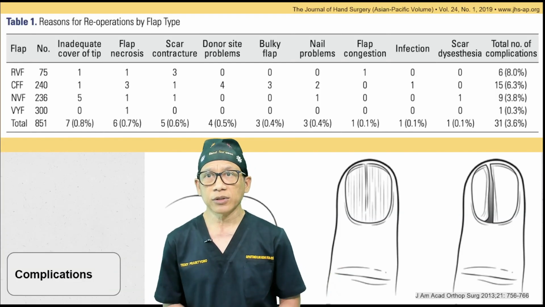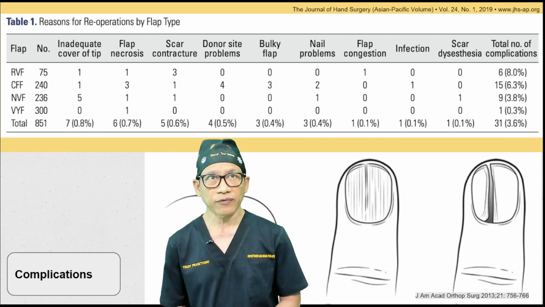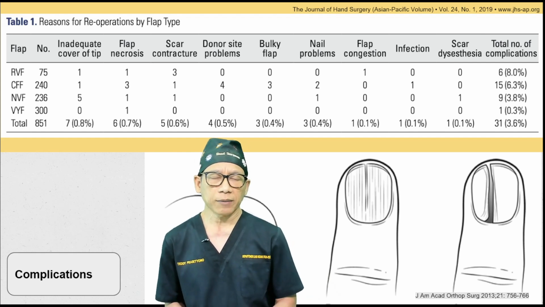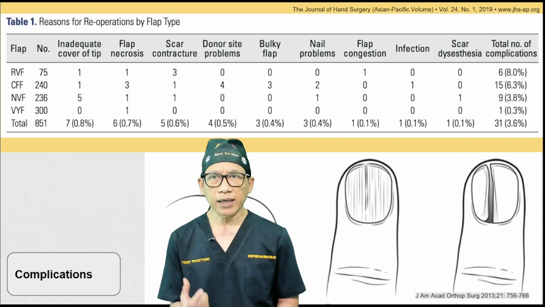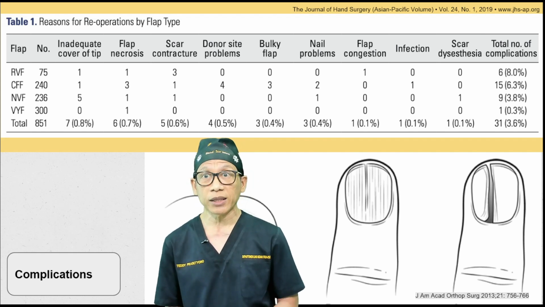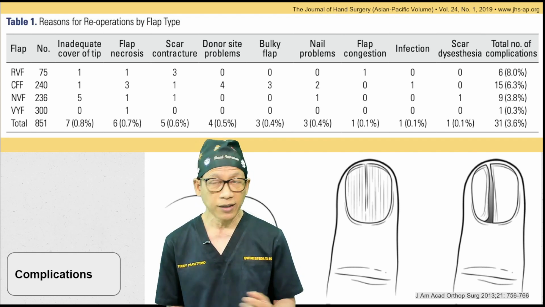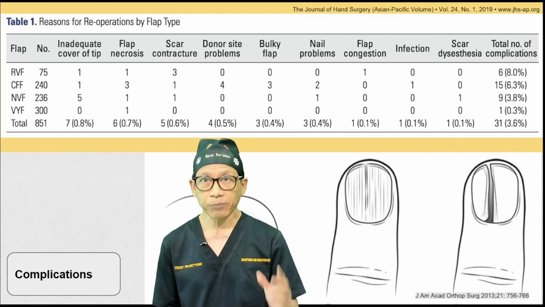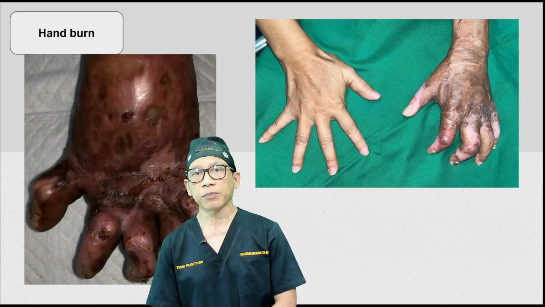Here is some data on the complications of fingertip injury. One of the aesthetic-related complications is nail deformity, which is very good for you to understand. It's not a simple case if you do not have a proper understanding of fingertip injury.